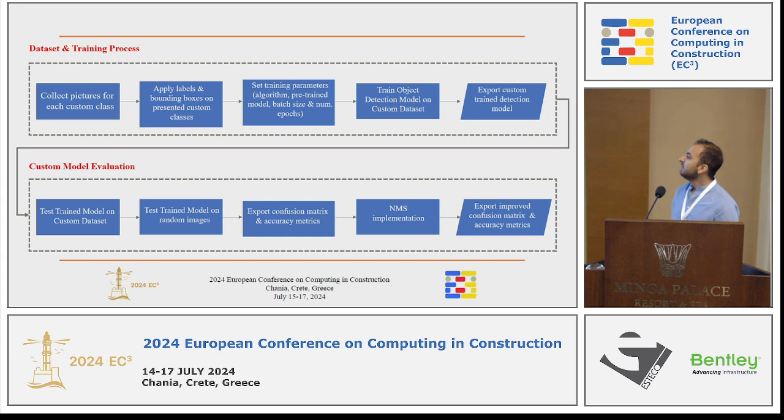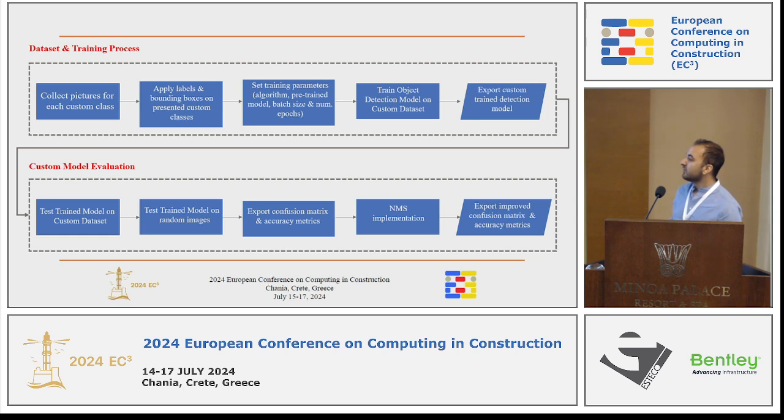This flowchart refers to the object detection methodology, which is divided into 2 phases. We have the dataset and training process, where we have the collection of pictures for each custom class. We have the annotation process, the set of training parameters, as I mentioned before, the execution of training code by ImageAI, and the export of a custom trained detection model.